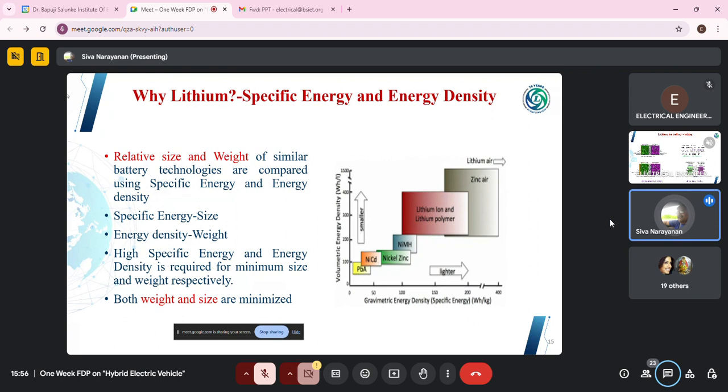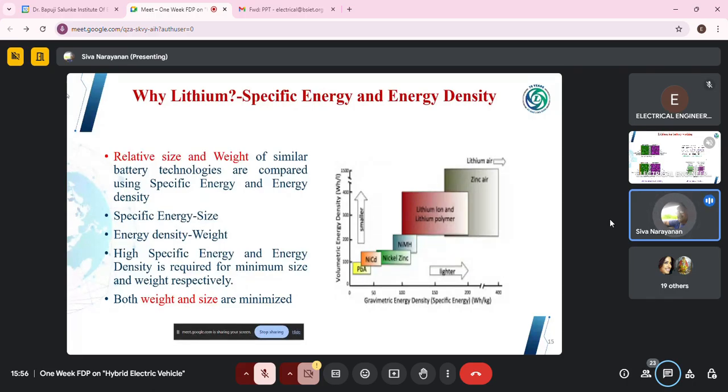There you can see the gravimetric energy density, the specific energy. When it increases, the weight also increases, and when the energy density decreases, the weight also decreases. Similarly for specific energy: when it increases, the size of the material also increases, and when it reduces, the size also reduces.